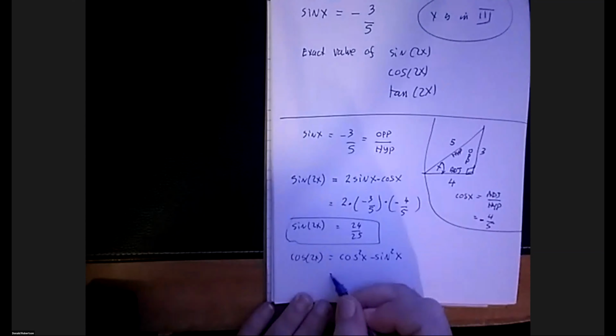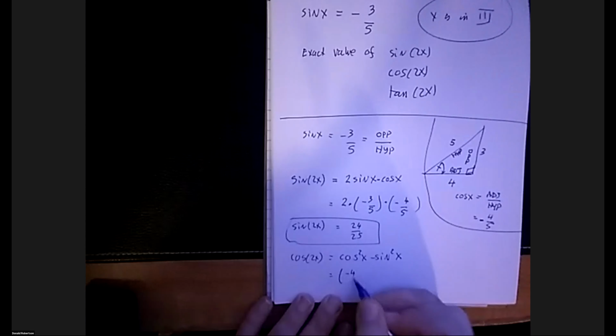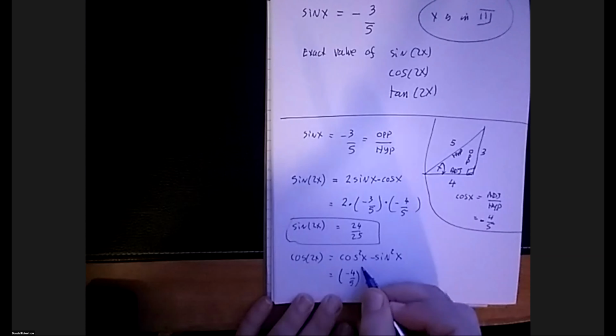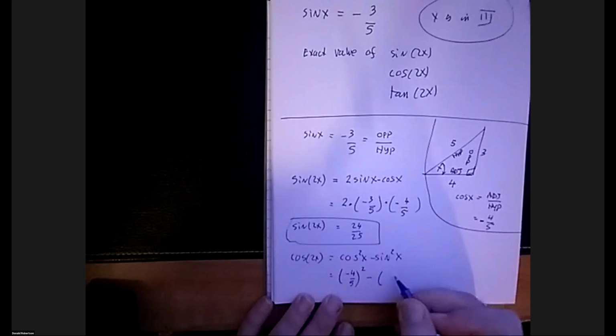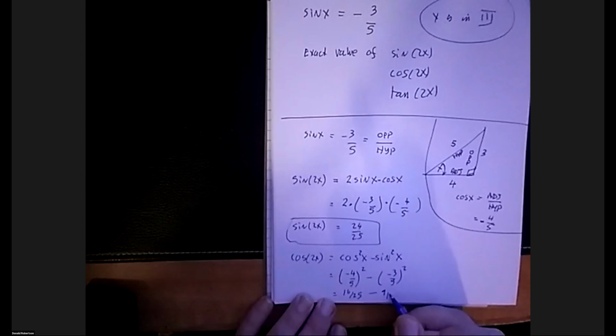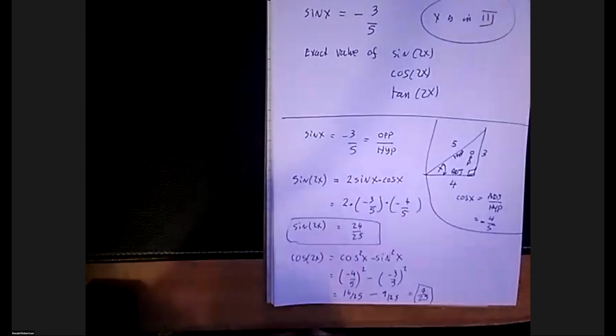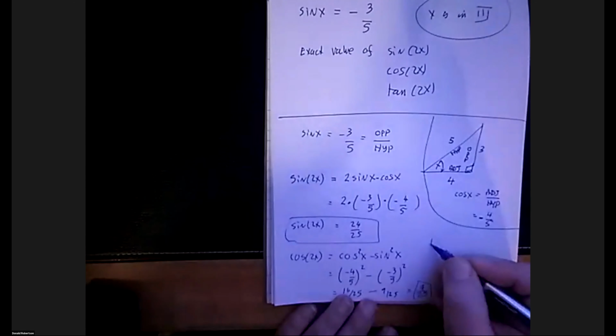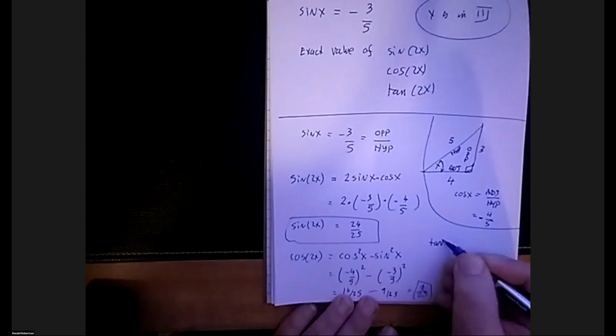So this is the cosine one. The cosine of x is negative 4/5, but then you square it. The sine of x is negative 3/5, then you square it. That guy is 16, that guy is 9. So the answer, 7/25. I'm running short of room here, so I'm going to put it here.